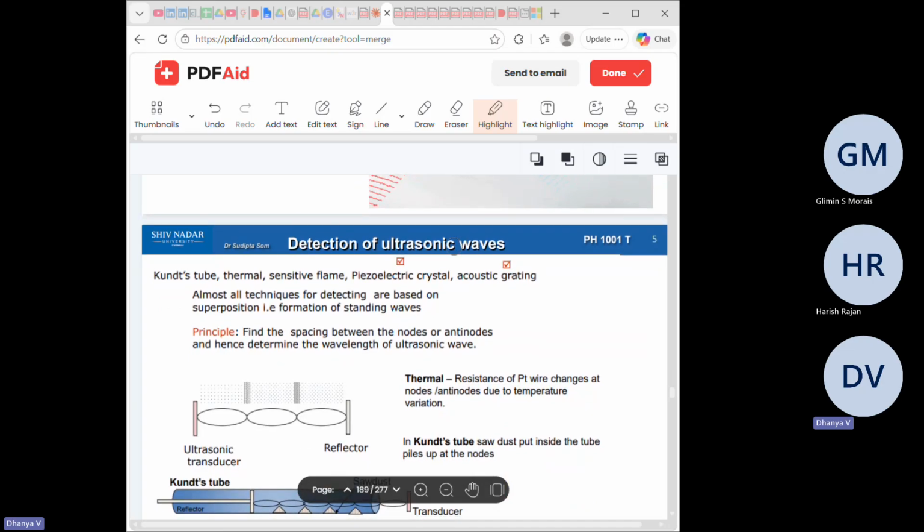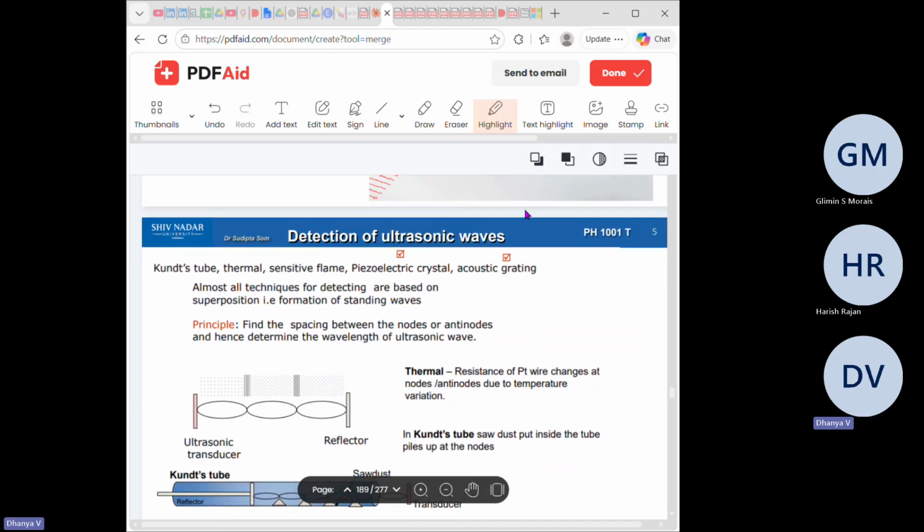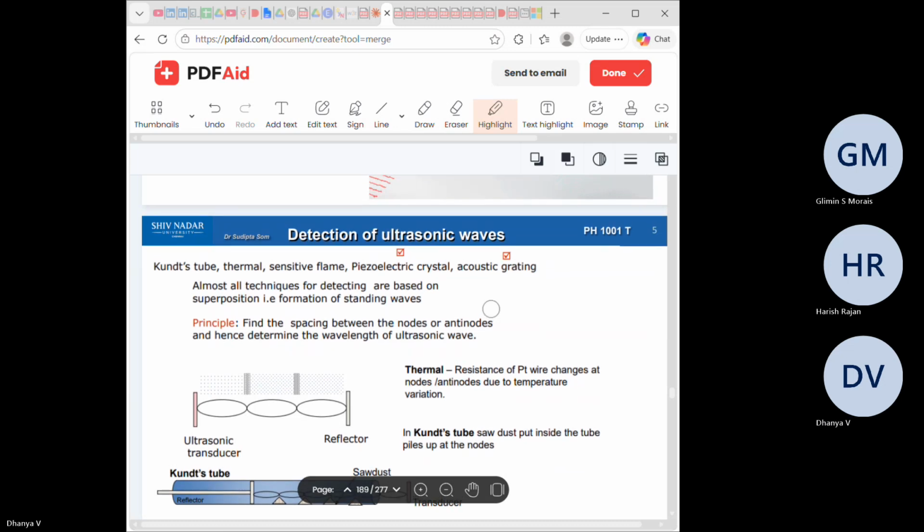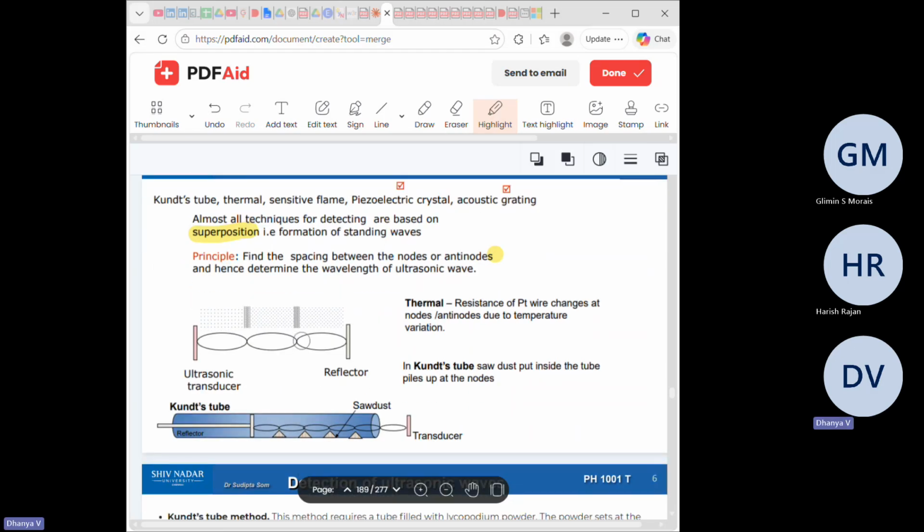Okay, now we saw the generation of ultrasonic waves. Now we'll see detection of ultrasonic waves. Almost all techniques of detecting are based on superposition of the waves.